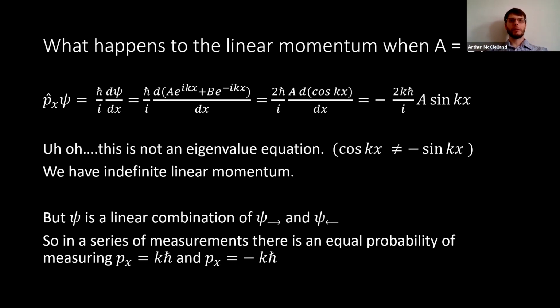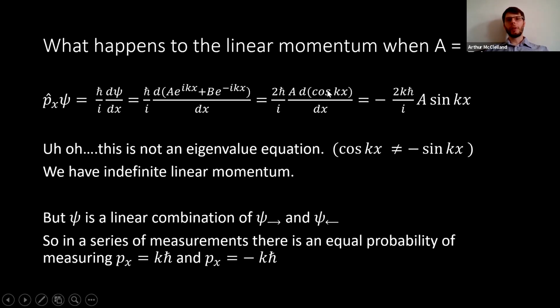But what happens to the linear momentum if we set a equal to b? So if we try this same operator and eigenvalue equation, we have our momentum operator, we put in our wave function, we do a transform from e^(ikx) plus e^(-ikx), which is also a description for cosine kx.